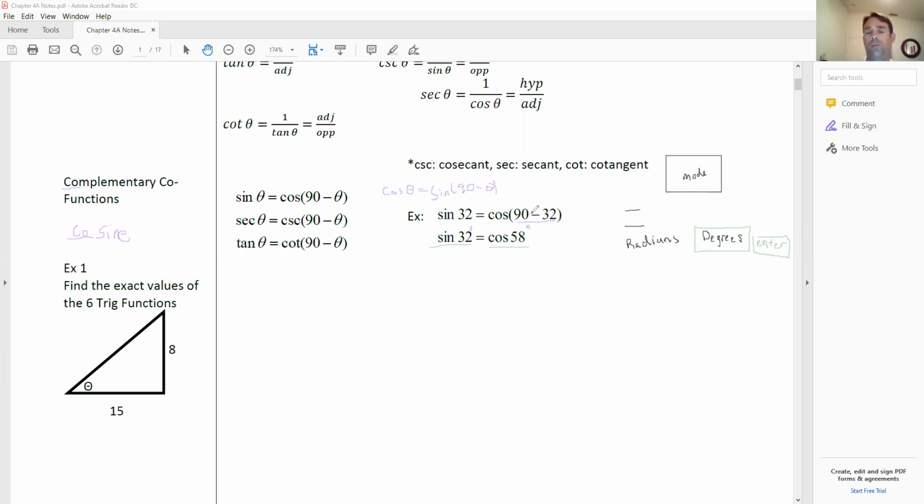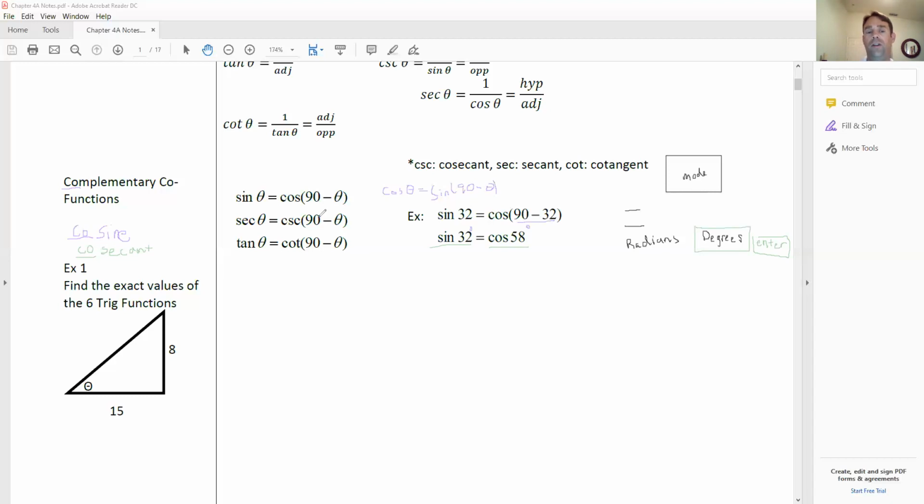So we have our reciprocal functions and we also have our complements. Secant is the complement of cosecant. A way to think of that is you have secant, and if you add those CO in front of it, the complementary letters, you get cosecant, which is why they are complementary of each other.